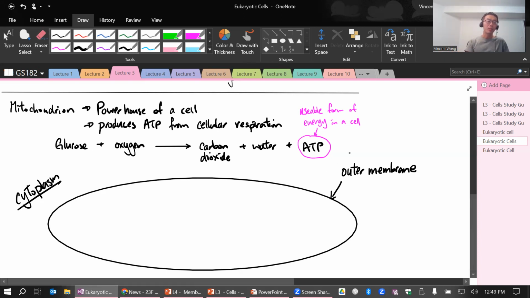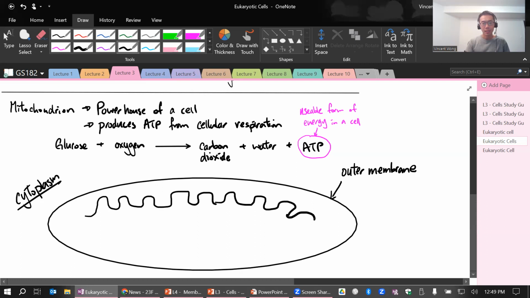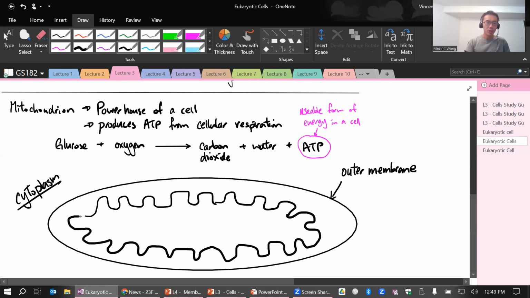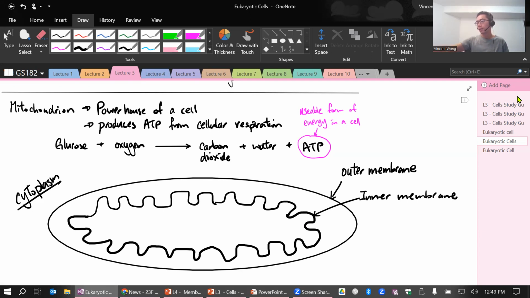If there's an outer membrane, you can probably guess there is also an inner membrane, right? So the inner membrane is all folded up. It's all folded up into these finger-like projections, these accordion-looking projections. Inner membrane. Okay, so like this is the membrane, right? It's not smooth.